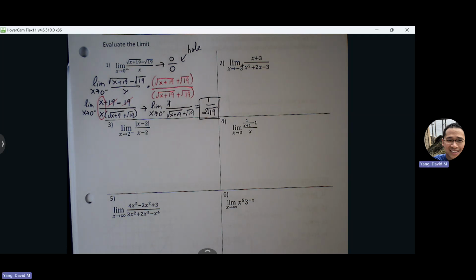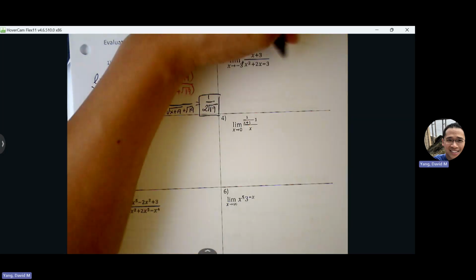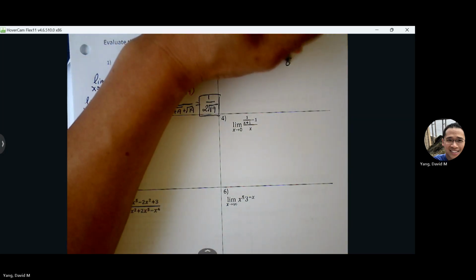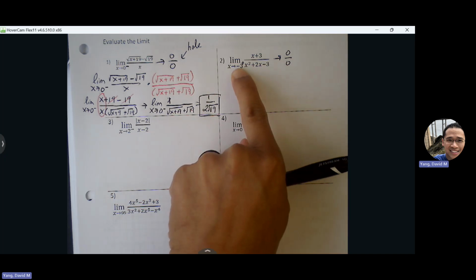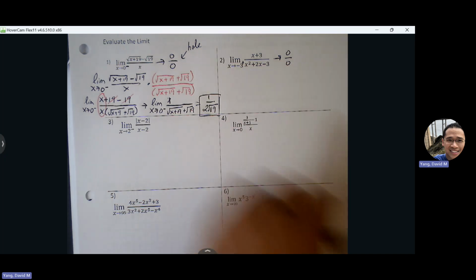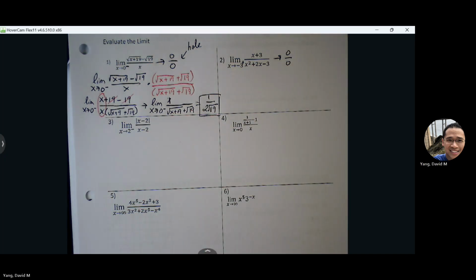What do you get? 0 over 0. What does that tell you? So there's a hole. The limit exists. Do we play with decimals? No. Just ignore it. It's just the limit as x approaches -3. That's it. You should be able to find a common factor in the numerator and denominator, cancel that out, reevaluate, and you should be able to arrive at a real number.